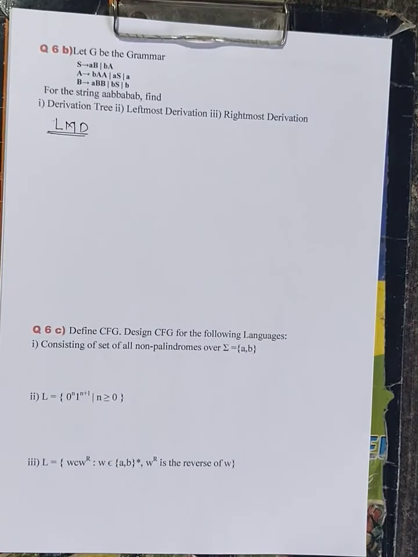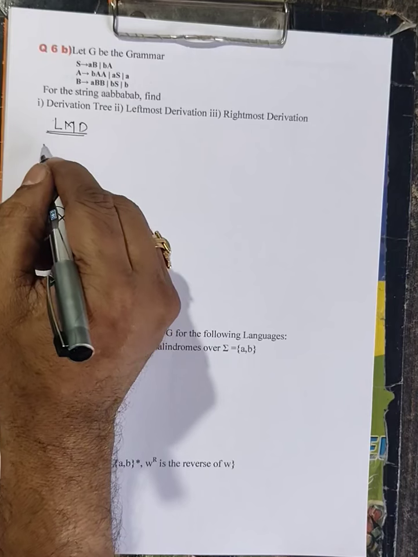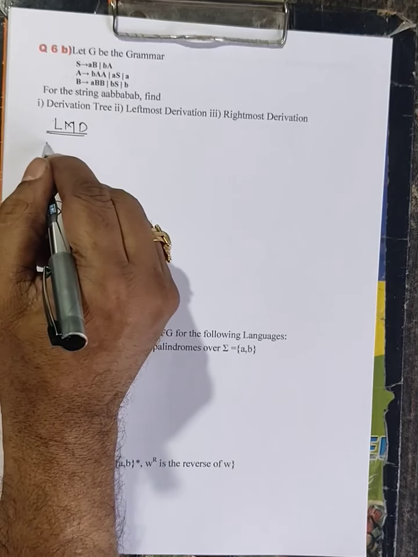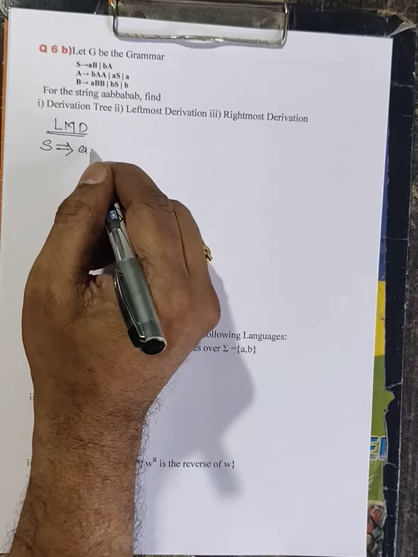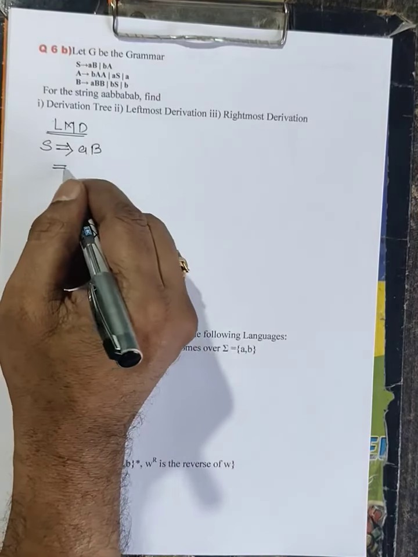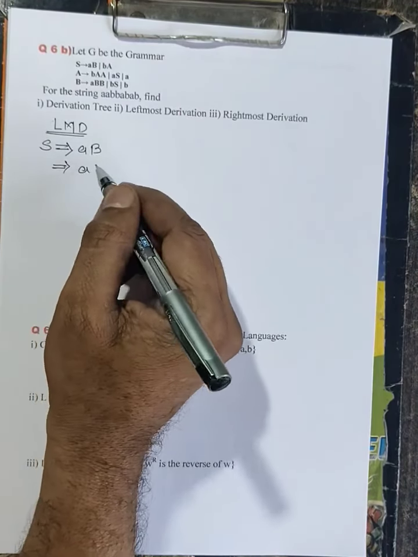This is the leftmost derivation. In the leftmost derivation, every time we replace the leftmost variable. Means S produces A B, this A as it is.